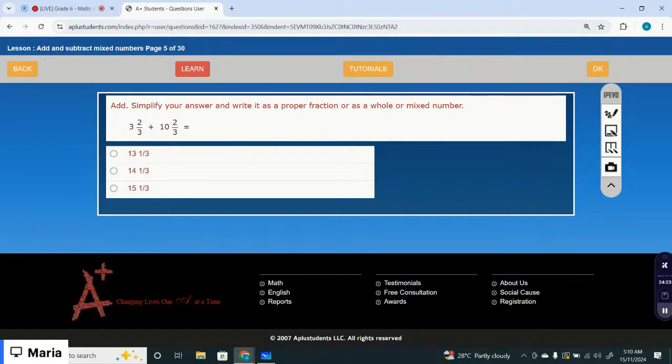3 whole 2 over 3 plus 10 whole 2 over 3, which is the correct option?